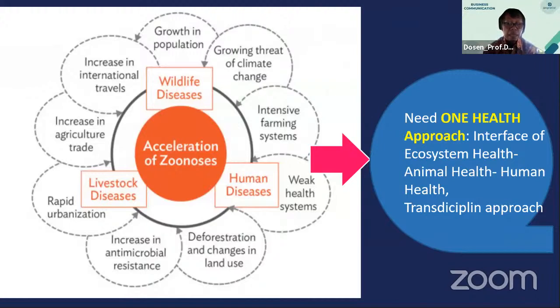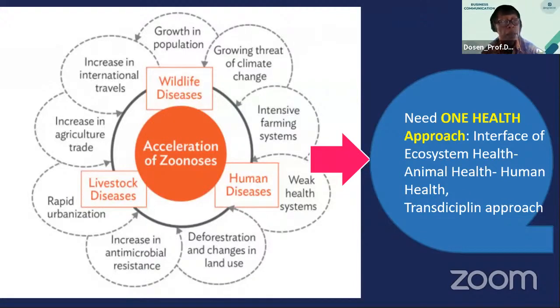This accelerates disease transmission or spillover from animal to human or vice versa. It is connected with climate change. Climate change is one of the drivers, but mobilization of the population is the biggest problem, because people can move from one place to another in a very short time, and then transmit the disease from country to country.